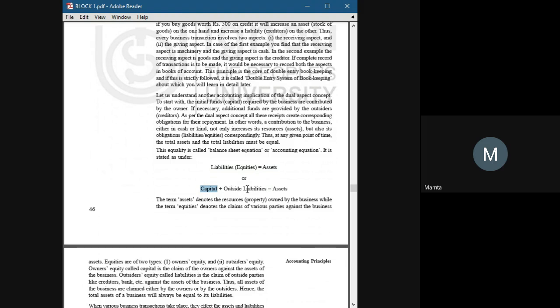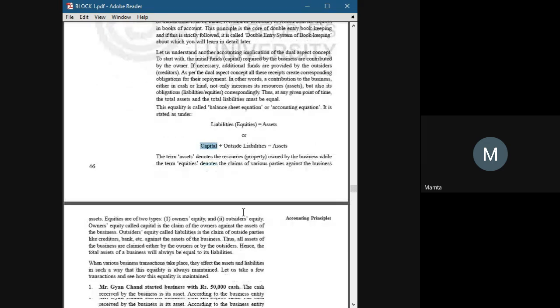Outside liability is when you took a loan from a bank or from a person, or if you have shareholders, or creditors; these are considered outside liabilities. Their sum must be equal to the assets. Then only you are in a good position. They must be equal.